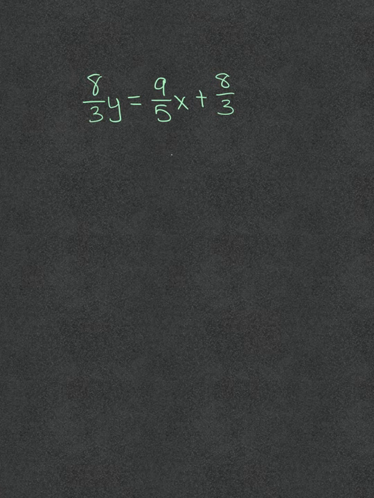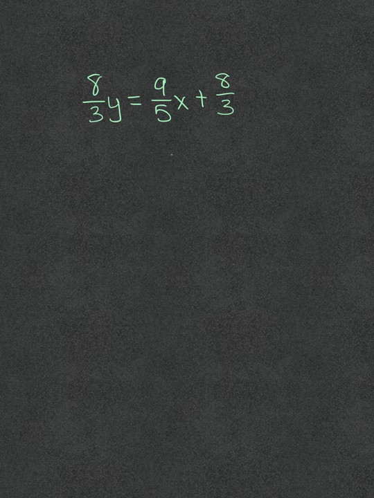All I have to do is get my x and my y on the left-hand side and my constant on the right. Just because they're fractions, that doesn't change which one's the variables and which one's the constant. So I have the 8/3 y and the 9/5 x and the 8/3. So the 8/3 without a letter is my constant.